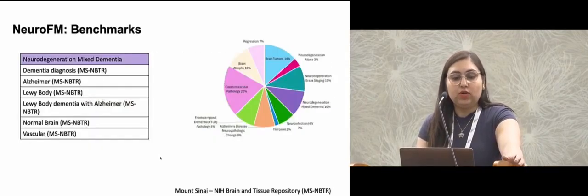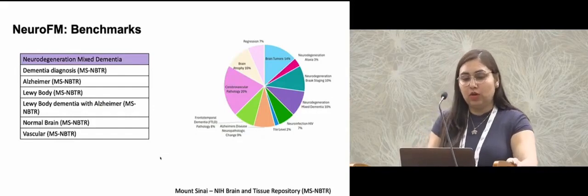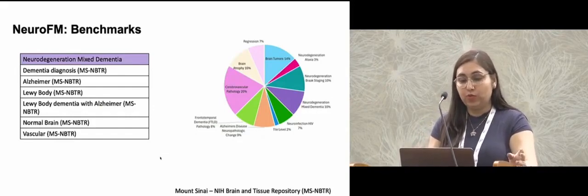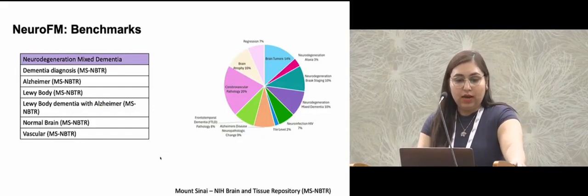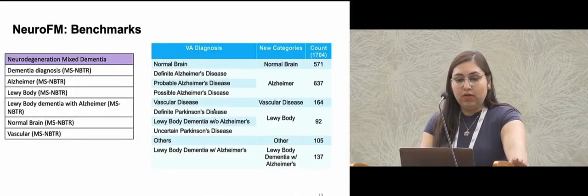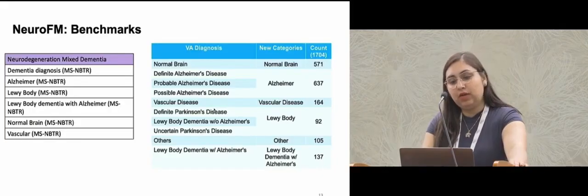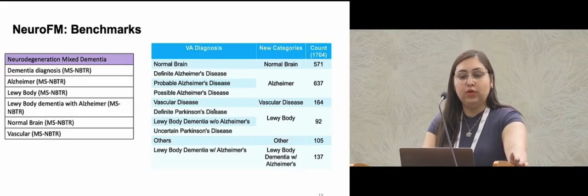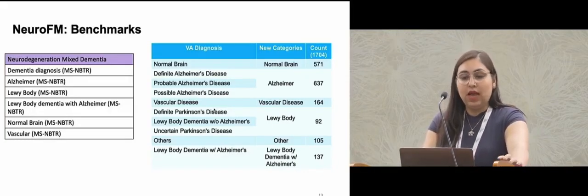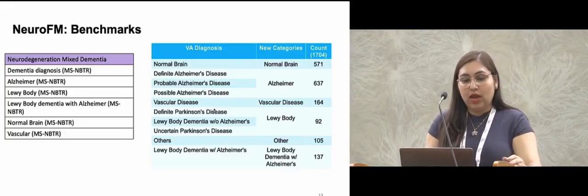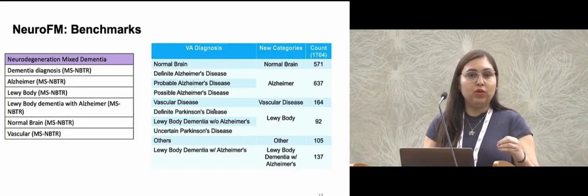And then we also tested it on several other downstream tasks. This is the data which we got from the NIH Brain and Tissue Repository. Here we had 6 different tasks where we looked at normal brain, Alzheimer, vascular disease, Lewy bodies, and Lewy body dementia with Alzheimer, and we did a 6-class classification. And also we tried one versus all classification.